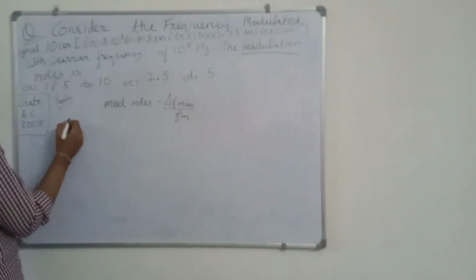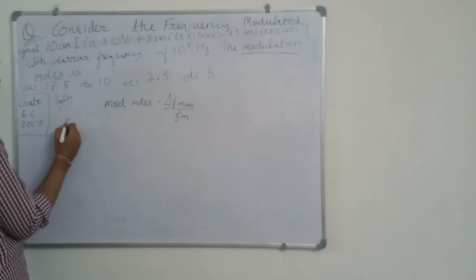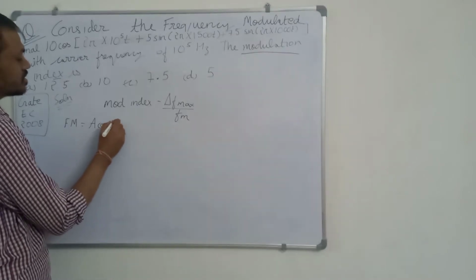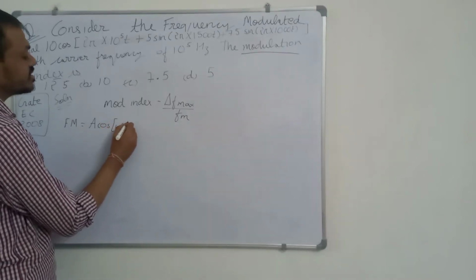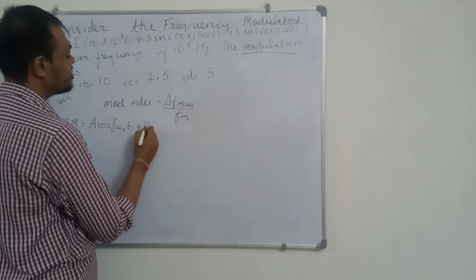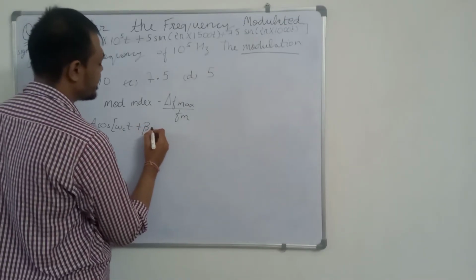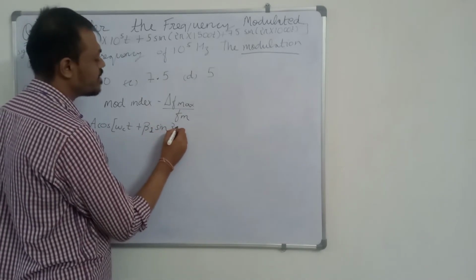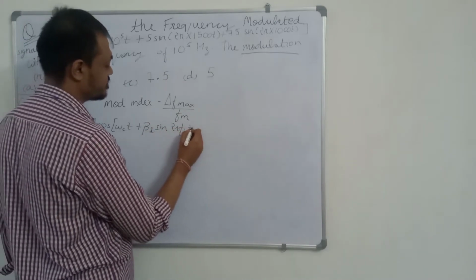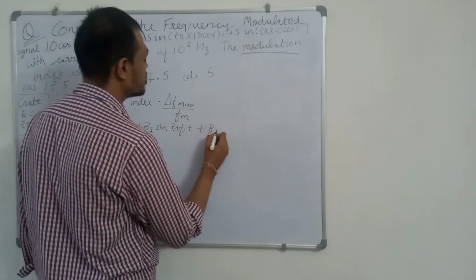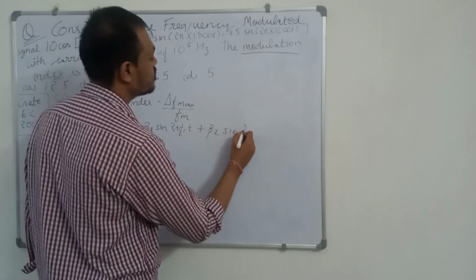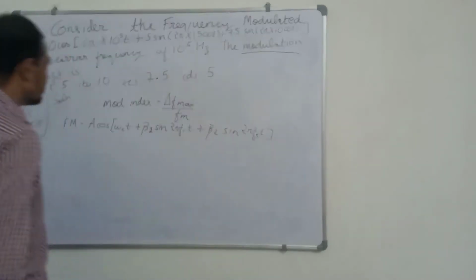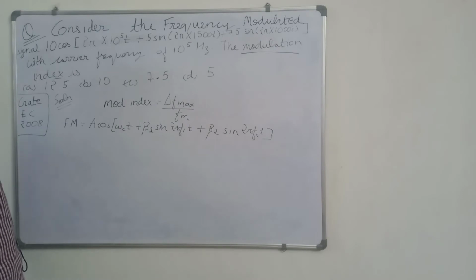This signal is of the general form A cos of omega c t plus beta 1 sin of 2 pi f1 t plus beta 2 sin of 2 pi f2 t. This is the general form of this FM signal.